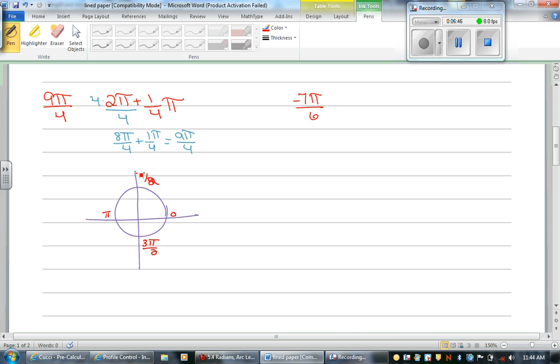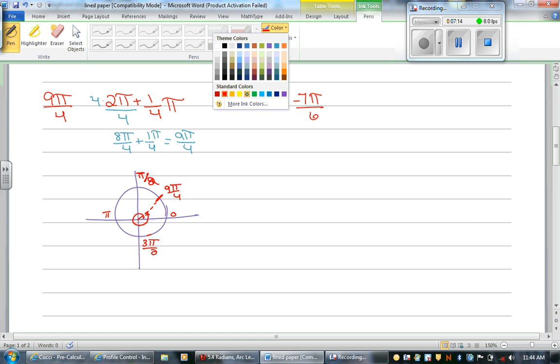So 1/4 of a pi, 1/4 we know is half of a half. So it's going to be 1 full rotation plus 1/4 of a pi. So right there is going to be 9 pi over 4. Around and then to about here.